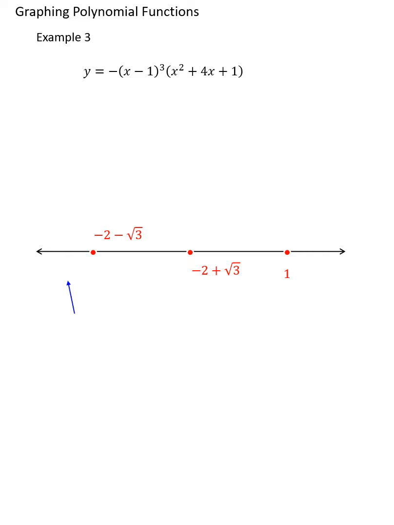And -2 minus 1 point something has got to be -3 point something. So that intercept is about -3 point something. I don't know the something, and neither would you have to. But if it's -3 point something, I could definitely pick -5 to be sure that I was significantly to the left of that first red dot, that first x-intercept.